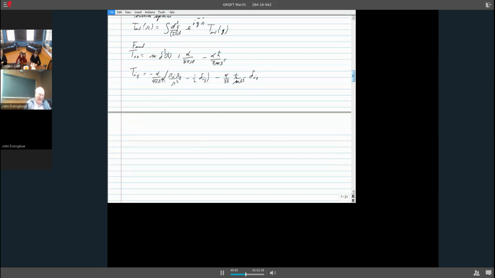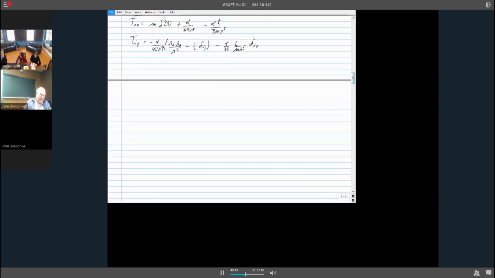Tij is, there's no delta function piece, it's just minus alpha over 4 pi R squared, Ri Rj over R squared minus 1/2 delta ij, with alpha over 3 pi h bar M R to the 5th delta ij.